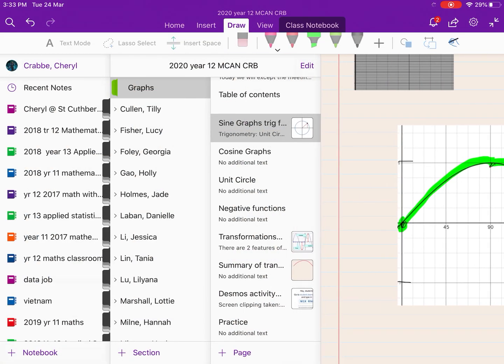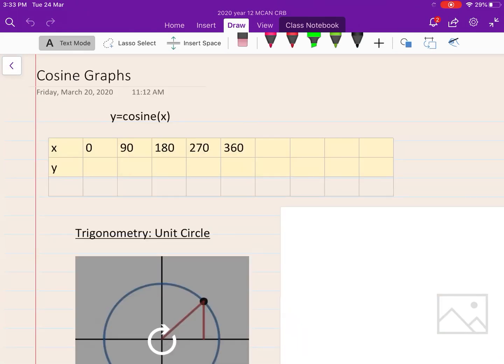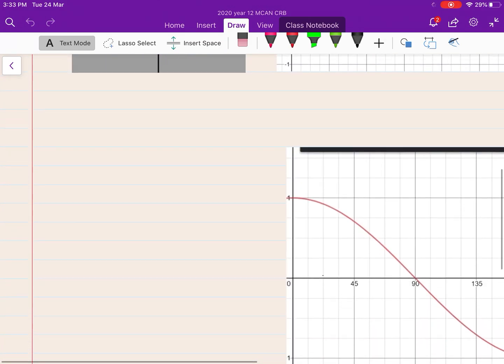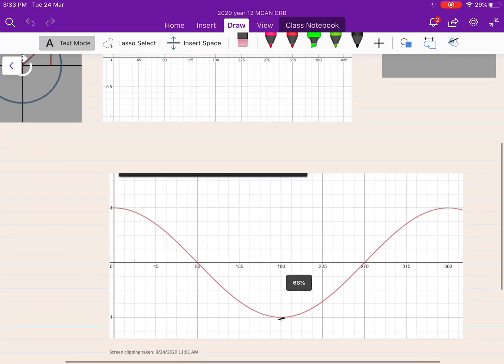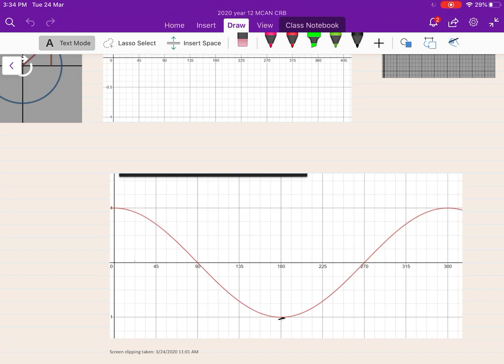Same for a cosine graph. Exactly the same. If we look at a cosine graph, again, it finishes itself, but it starts in a different place. It starts at 1, comes through at a minimum point at -1, and then comes up and finishes at +1 again at 360 degrees.